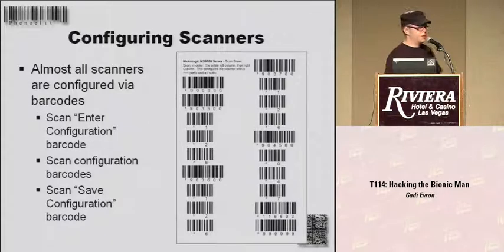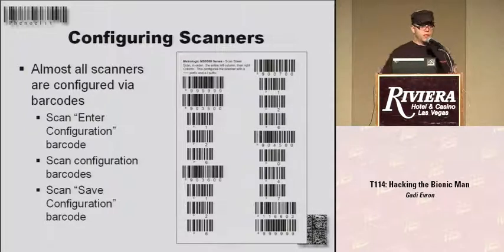So now we're coming to the first interesting thing about barcodes. The scanners that face outside to a potentially hostile barcode are actually configured by barcodes. So you have a scanner. One side faces an attacker, and the other one is connected to a computer. And you actually configure it from the attacker side, which is really stupid.